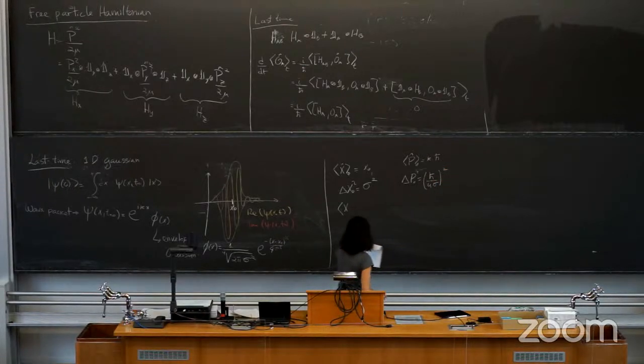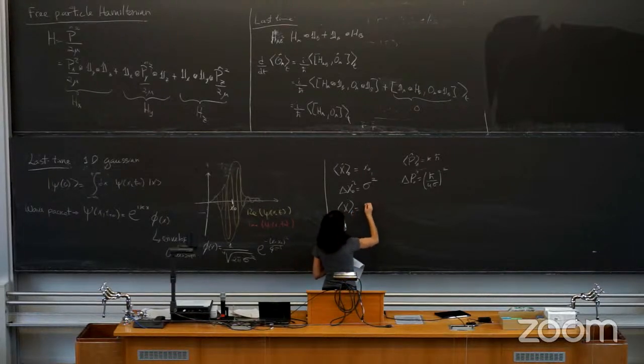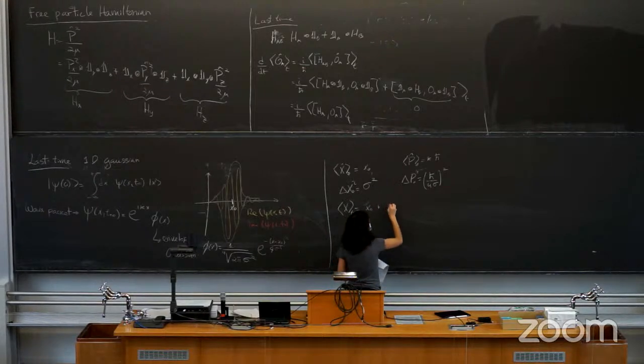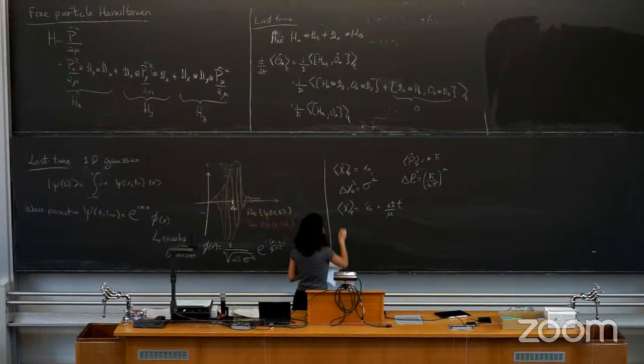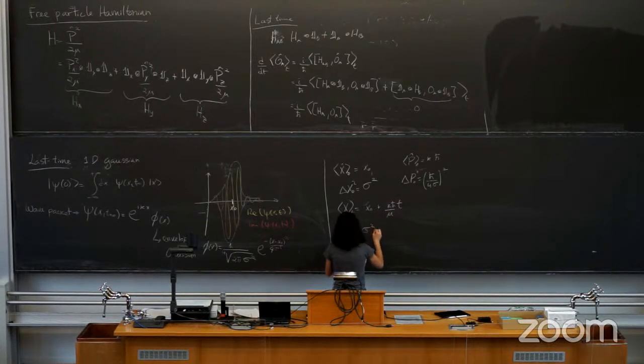And then things evolve. So the evolution of x is x0, the initial position, plus the average momentum divided by the mass times time. And we saw that the variance is given by 4 sigma mu divided by mu squared times t squared.